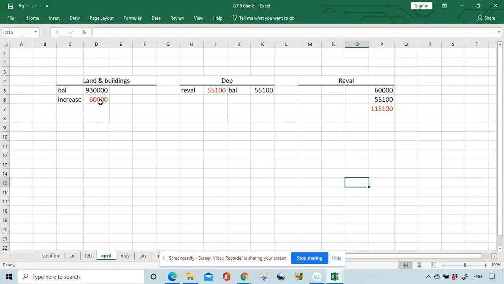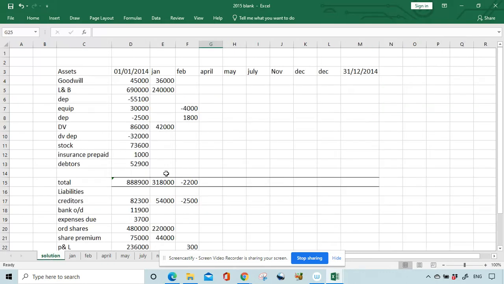So the land and buildings has to increase by 60 to get to 990. So we debit land and buildings, we credit the revaluation account. The depreciation must be written off, so we debit 55,100, we credit 55,100, and we get a total revaluation figure of 115,100.